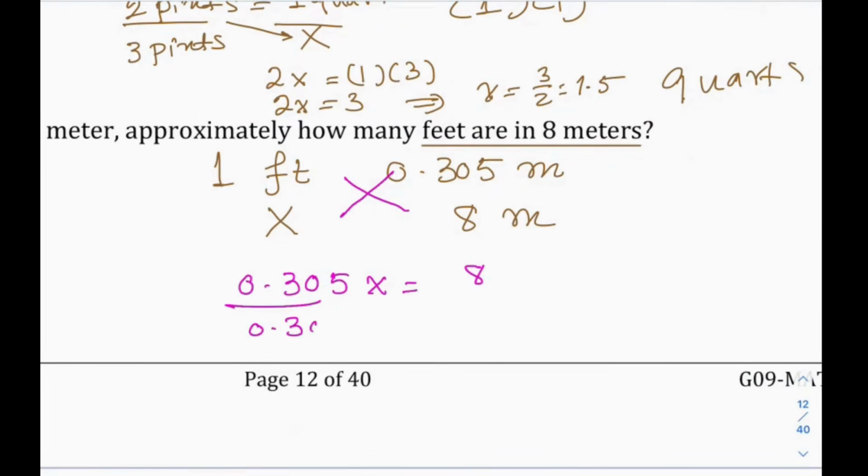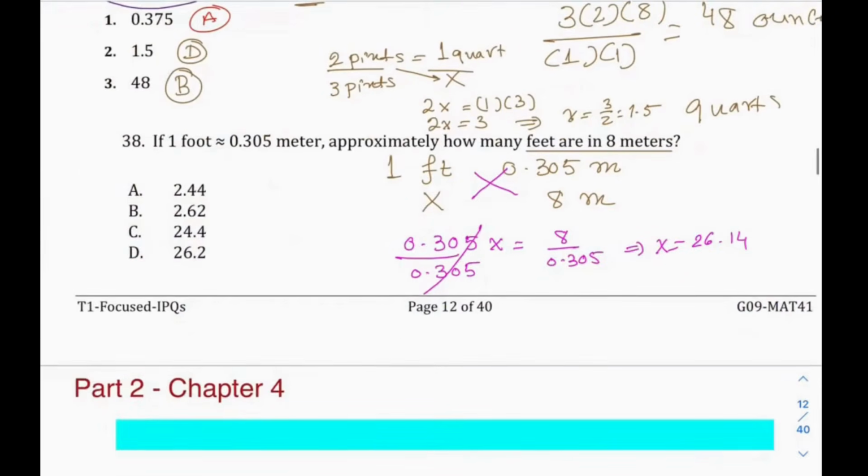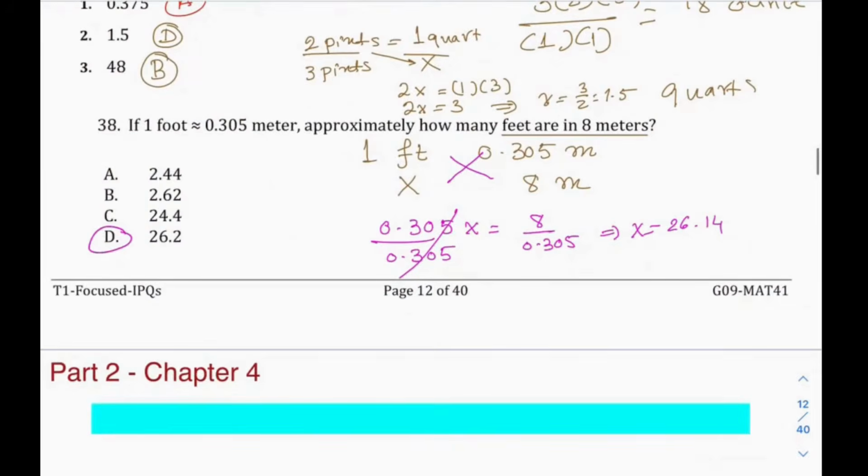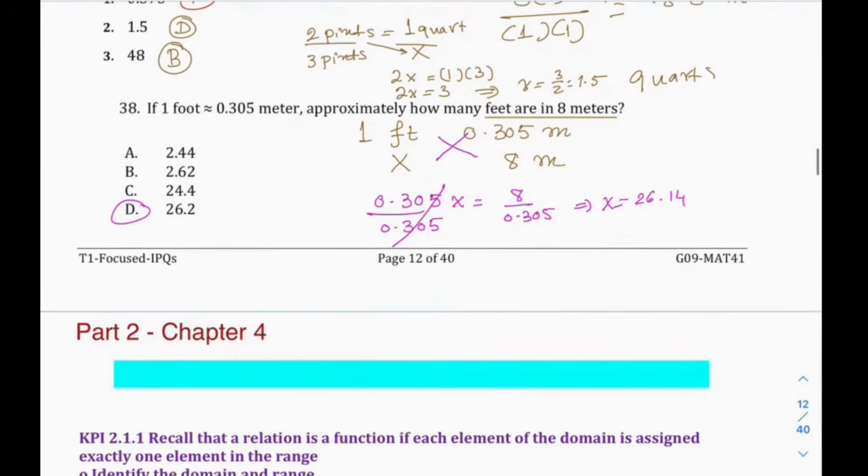Divide both sides by this. And x will be 8 divided by 0.305. It will be 26.14. So the approximation is this one, the best approximation. If we rounded or we didn't round, I don't know. This is the best solution.